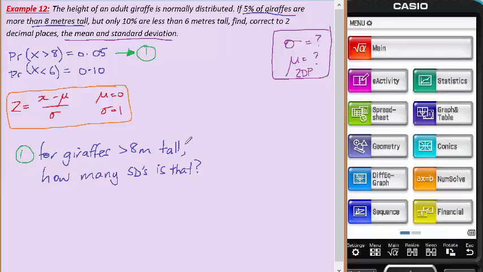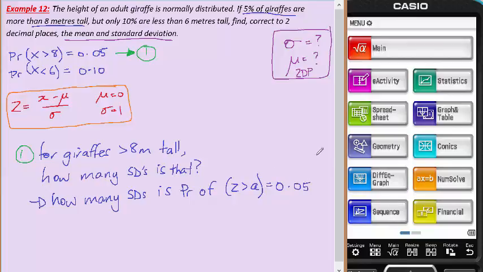What I'm asking is, how many standard deviations is a probability of Z being greater than 0.05. So I'm going to call that A equals 0.05.